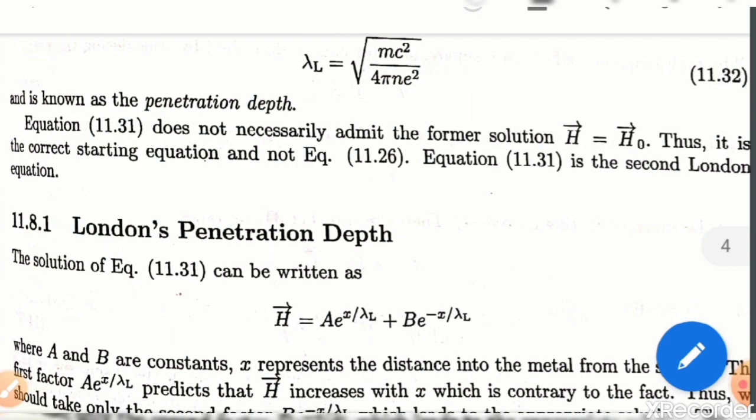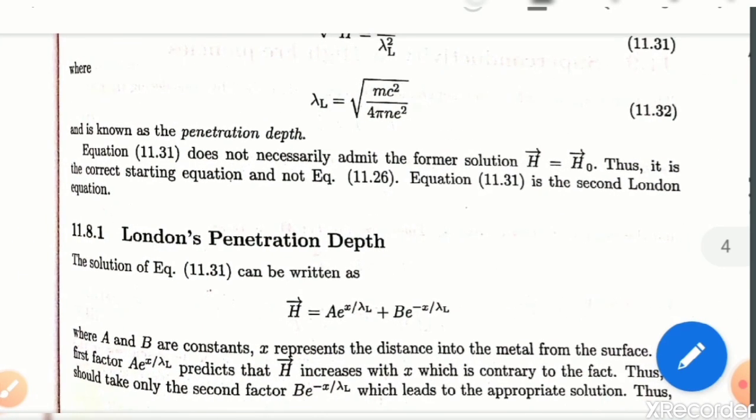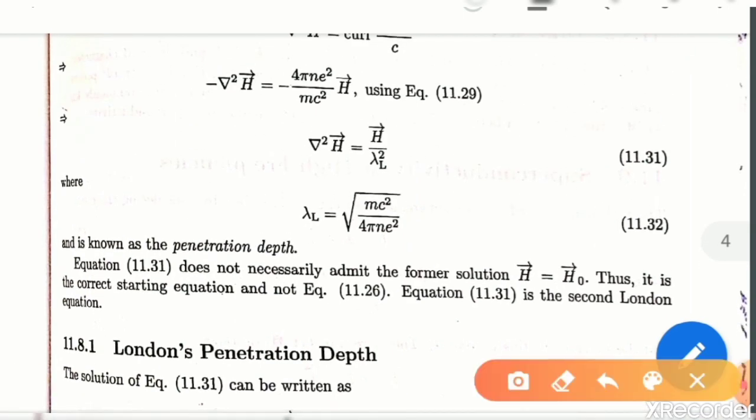Now H is equal to a e to the power x upon lambda L plus b e to the power minus x upon lambda L, where a and b are the constants, x represents the distance, and lambda L is the penetration depth.